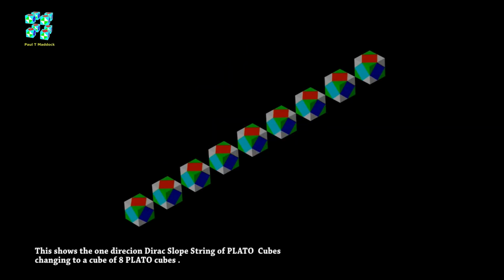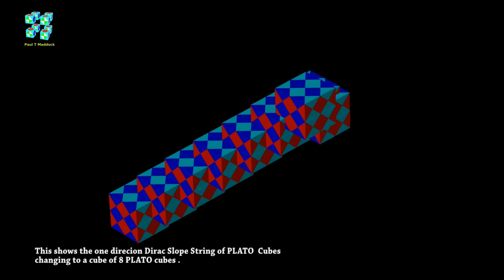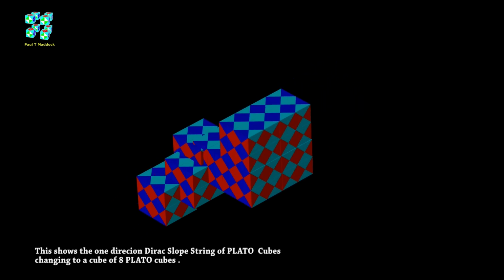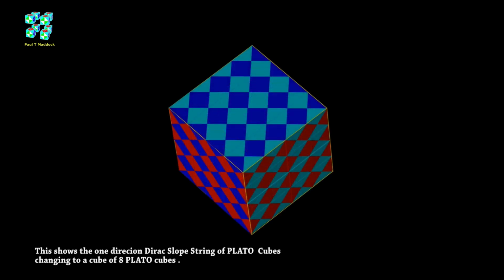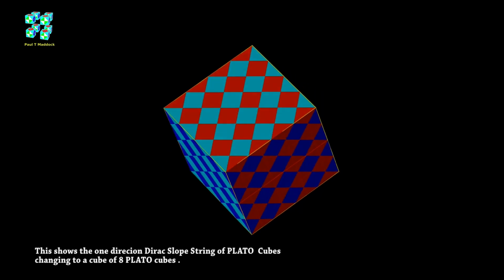Okay, let's go back to the 9 Bucky in a slope. In this video, I'm going to link the Plato cubes to the Bucky cubes as a parent. Now I'm going to run the same animation and you can see the Bucky cubes forming a cube. Isn't that something? And now I'm going to rotate the cube as well. If you look at this finished cube, it shows 64 Plato cubes.